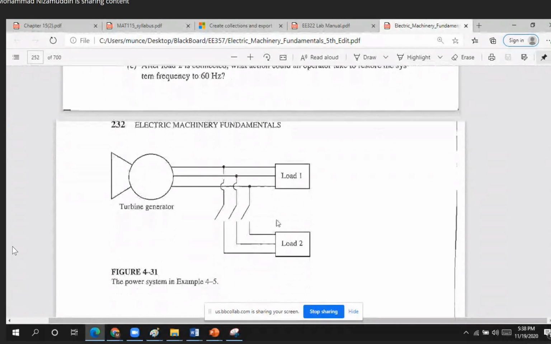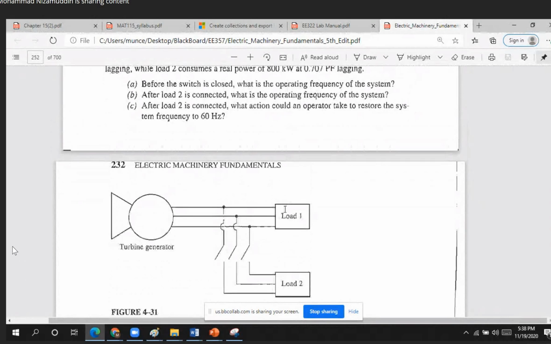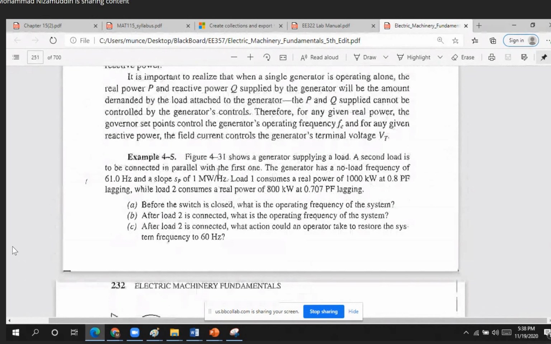This is a generator, load 1 and load 2. So this one shows a generator supplying a load. The second load is to be connected in parallel with the first one. The generator has a no-load frequency, so you have more than one generator.